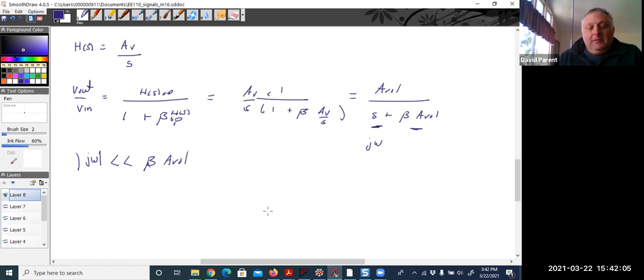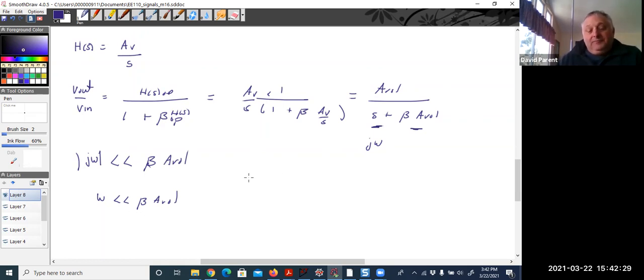Now there's a frequency dependence to it. Really, the frequency has to be a lot less than beta here, because if this is bigger than that, the open loop gains cancel out. It's 1 over beta, which gives us our ideal gain.